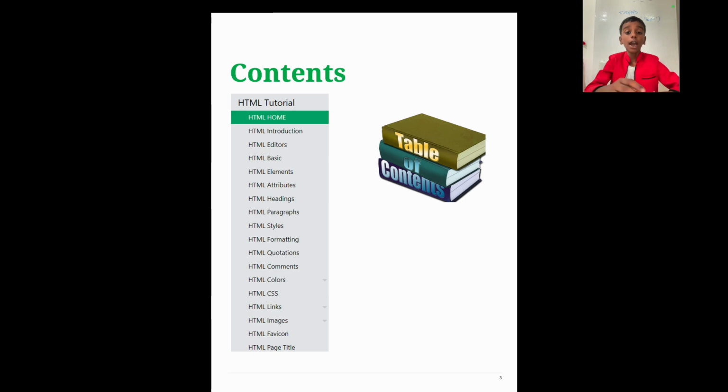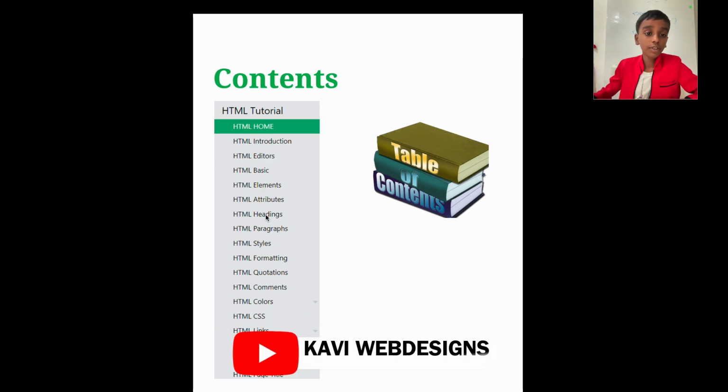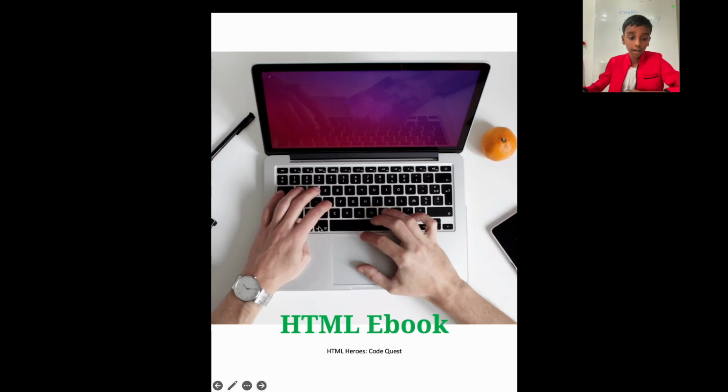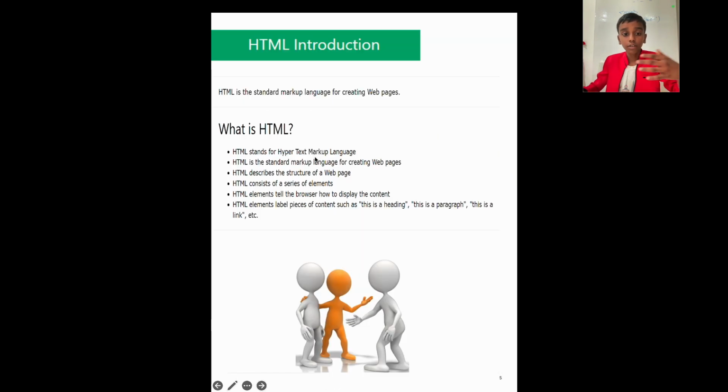Now here we have the table of content, as we have our first chapter, HTML tutorial. Inside of HTML tutorial we have home, basic, styles, and etc. Now we have more contents which I can explain later, and we have first section, HTML introduction.